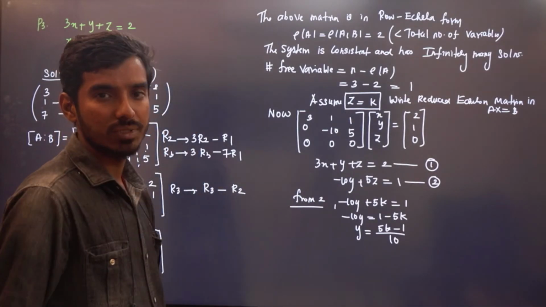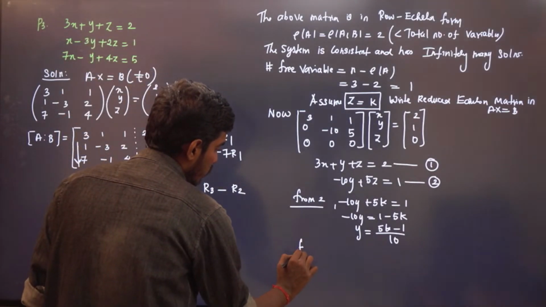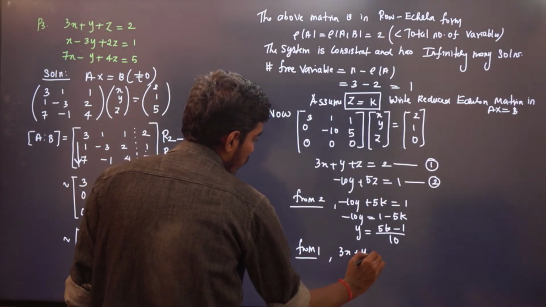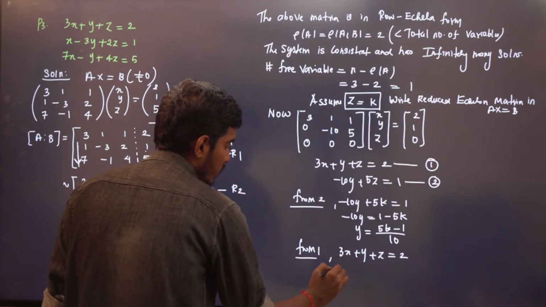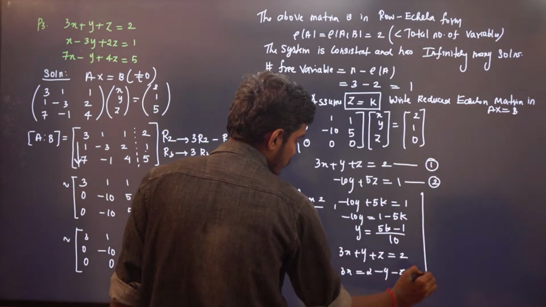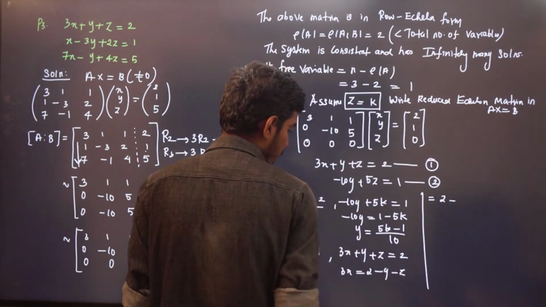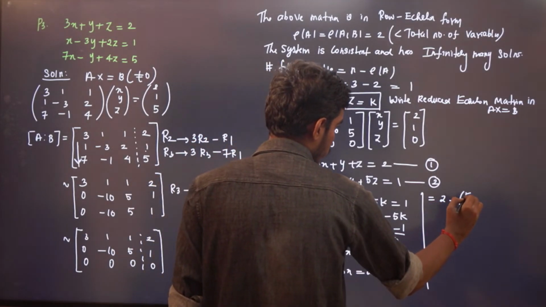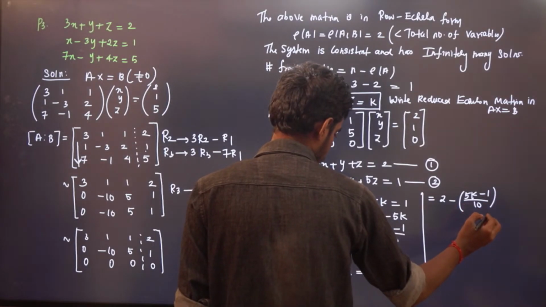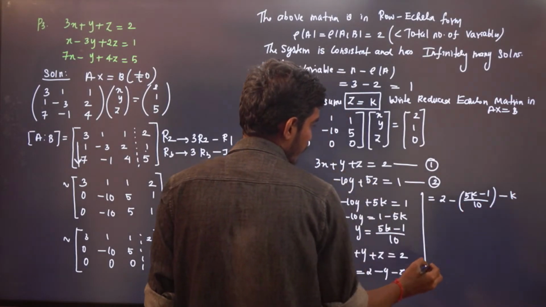Your x will be in terms of k. From 1, 3x plus y plus z is 2. So 3x is 2 minus y minus z. 2 minus y is 2 minus (5k minus 1) by 10, minus z.